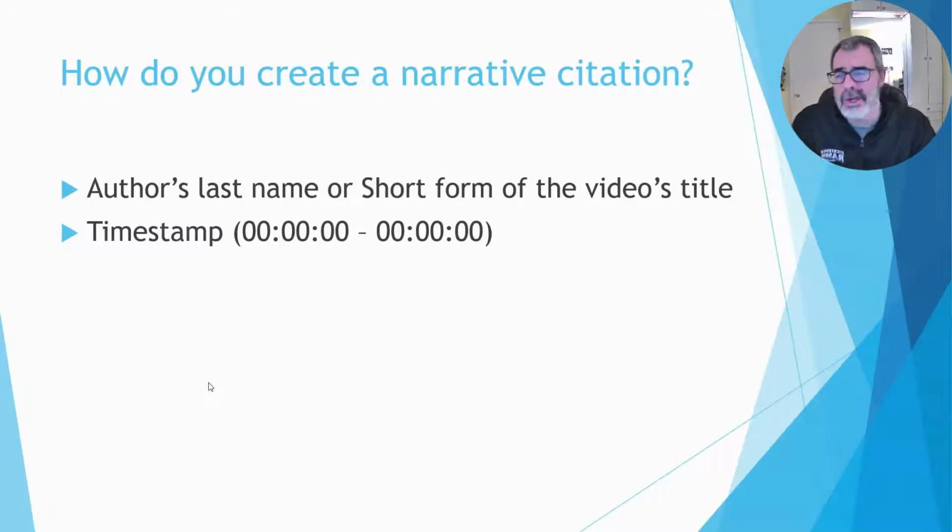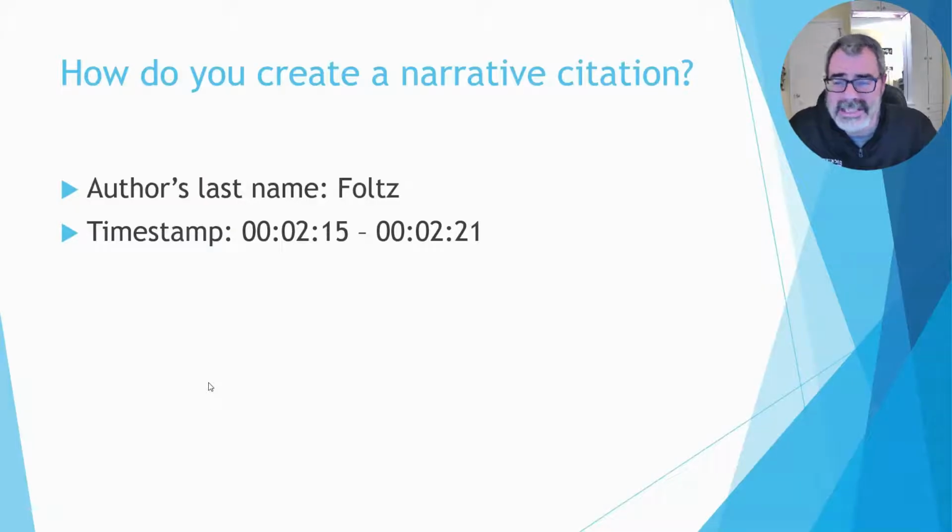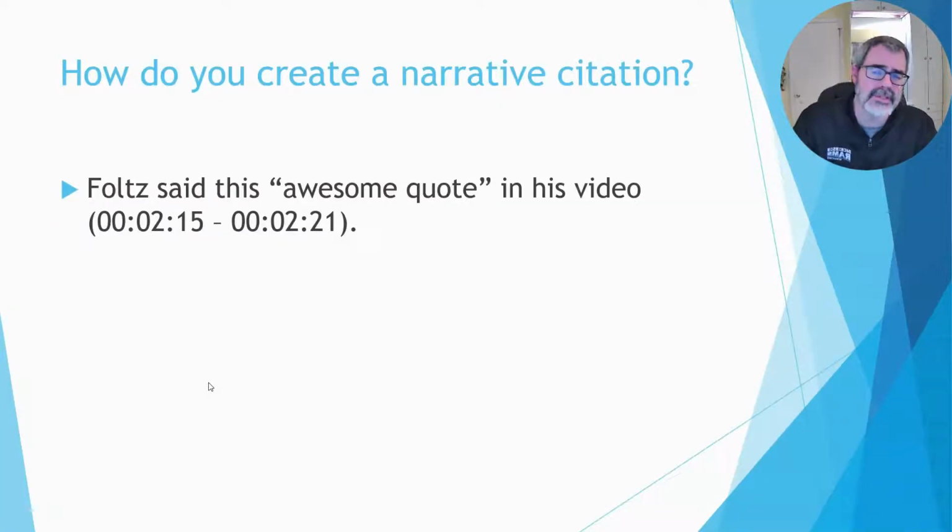So for our purposes, we're just going to use Foltz for the author's last name, and then we're going to use this particular timestamp here, 2:15 to 2:21. So let's pretend that we wrote this sentence here where it says Foltz said this awesome quote in his video. The difference between this citation versus the parenthetical citation, and you probably see it immediately, is that there's no author's name in here or no title name in here.